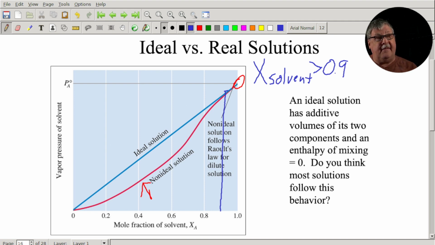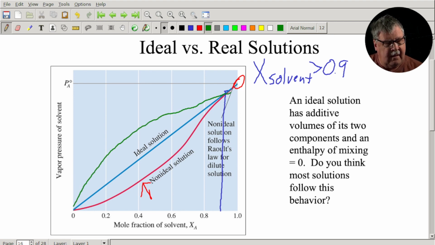If we go much less than that, then we get huge deviation, especially when we're down in this 0.4 to 0.6 range. We get a huge deviation between ideality and reality. Now, the other thing this graph doesn't show is that you can also have deviations in the other direction, something like this, depending on the nature of the interaction between solute and solvent particles.